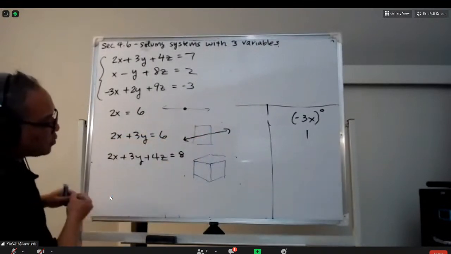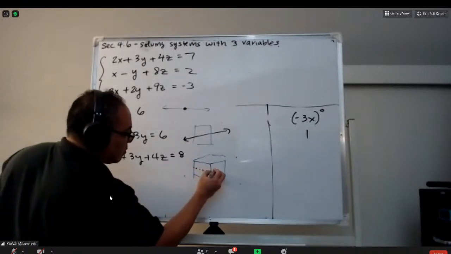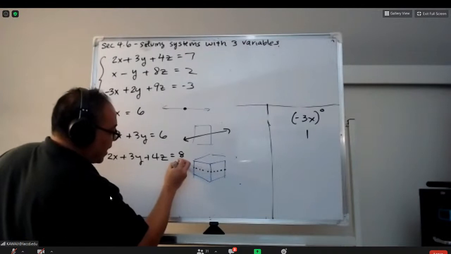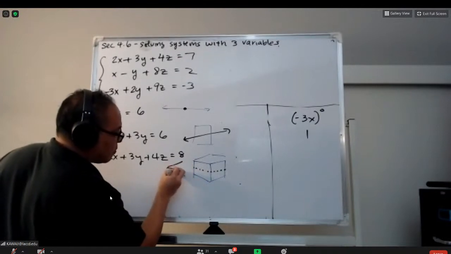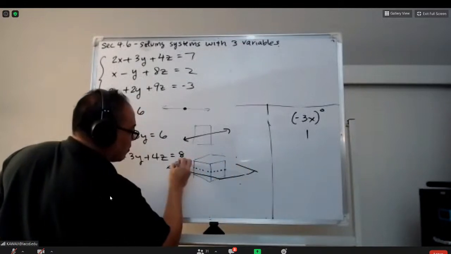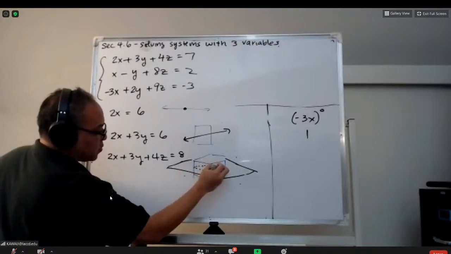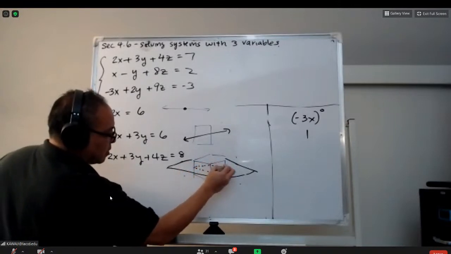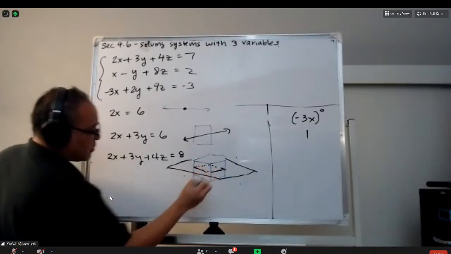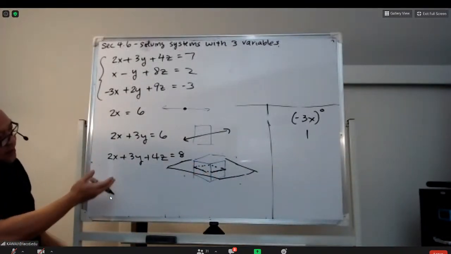Well, what divides a 3-dimensional space? A wall. Right? So if I have a plane, the job of this, or what this shape is, it's a plane.